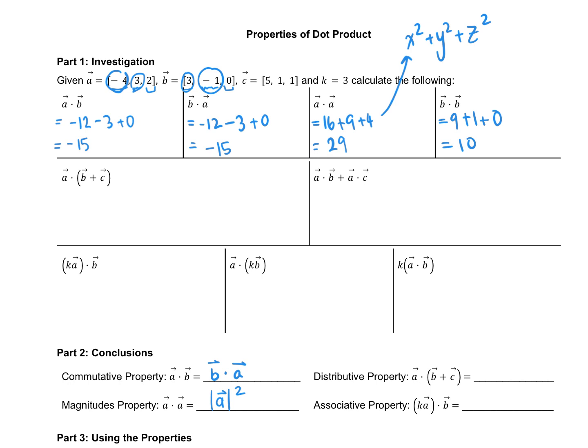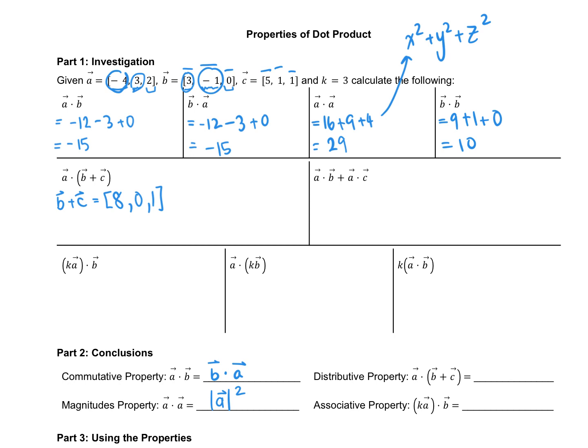All right, next we're going to take the dot product of A with the resultant of B plus C. So I'm actually going to calculate B plus C first. So the vector addition. And I'm going to be doing the 3 plus 5 to get 8, -1 plus 1 to get 0, and then 0 plus 1 to get 1.